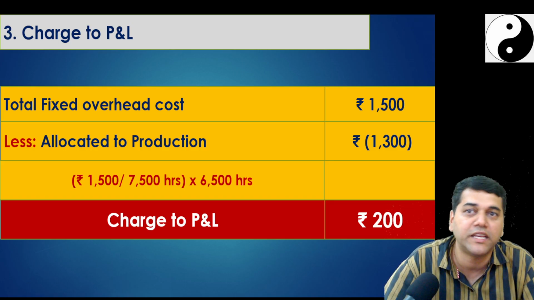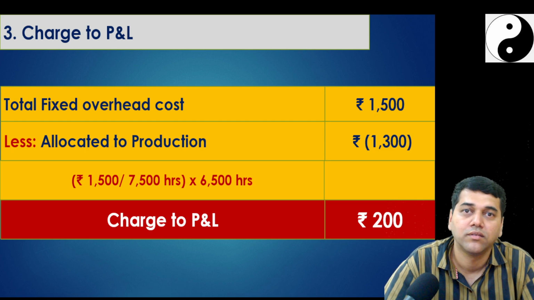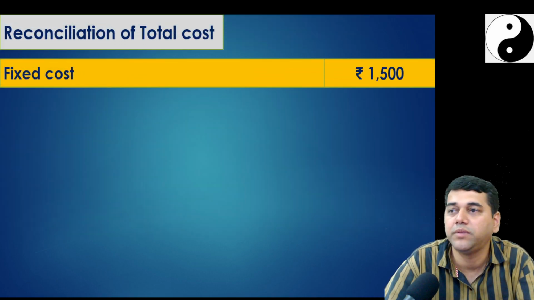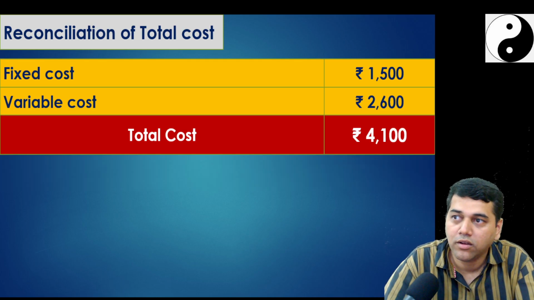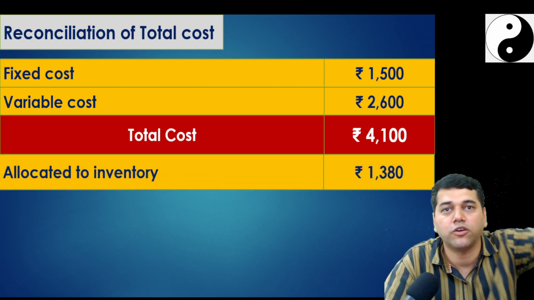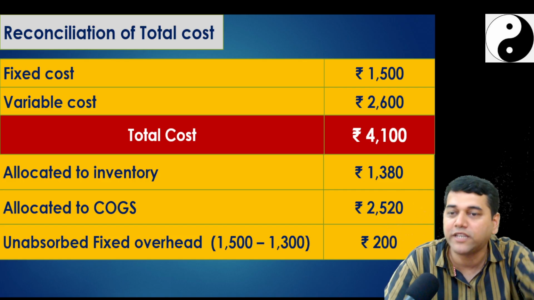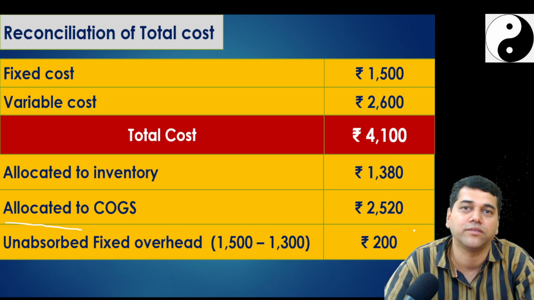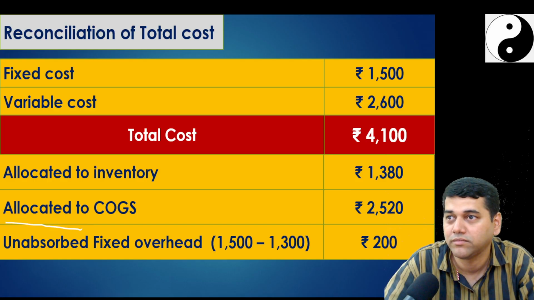Will everything be there in the P&L account? Okay, so now my reconciliation will be: total is 4100. Out of this, closing stock will go, the P&L will hit 200. COGS allocated to COGS will be under this heading, is correct, no? Allocated to cost 1050. This is the breakup of this. I hope you are clear.